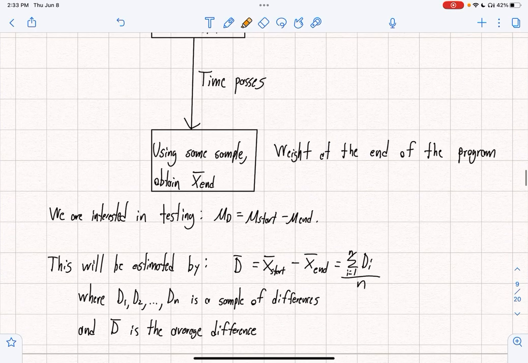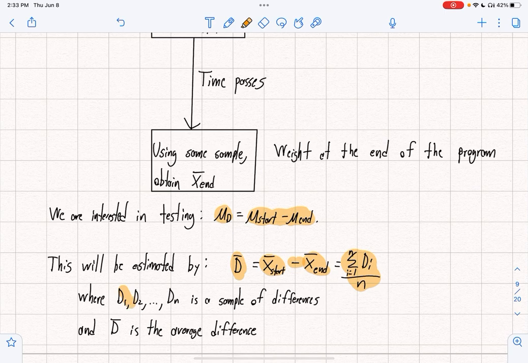So what we're interested in testing is our hypothesized difference, which is going to be mu start minus mu end. We're looking at the difference over time. So we'll estimate this by d bar, which is x bar start minus x bar end, and that is just the sum of all of the individual paired differences divided by n.